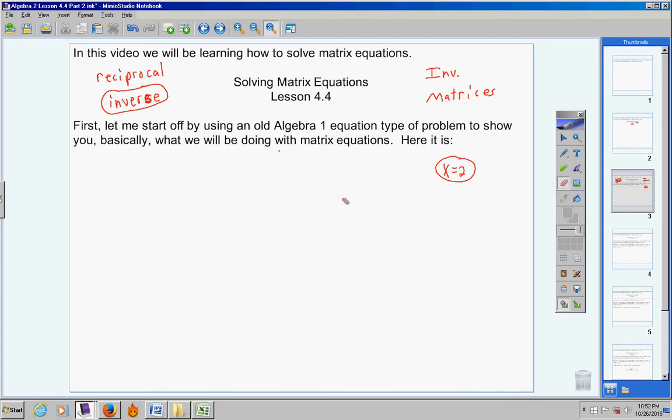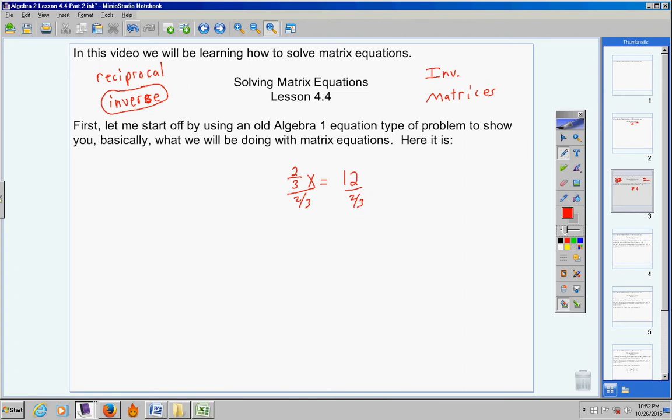Let me show you another example. Again, you can write this down, but I don't think you have to. If I had 2/3 x equals 12, I could divide both sides by 2/3.